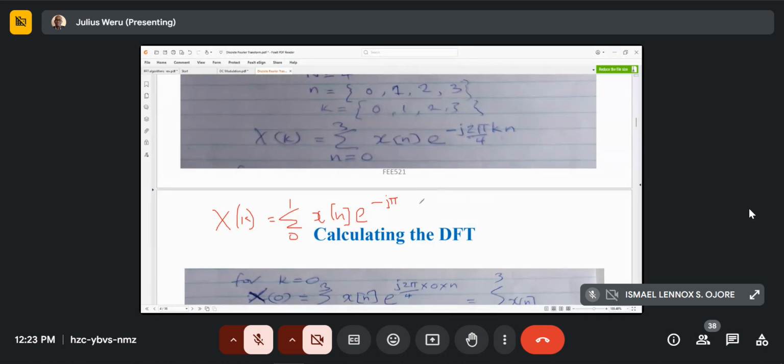So this will simply be e to the minus j pi kn. So this means x of 0 is equal to x of 0, which is just x of 0 times this when this is 0, which is simply x of 0, because when any of this is 0, and k is equal to 0, actually both are 0 because it goes from 0 to 1.